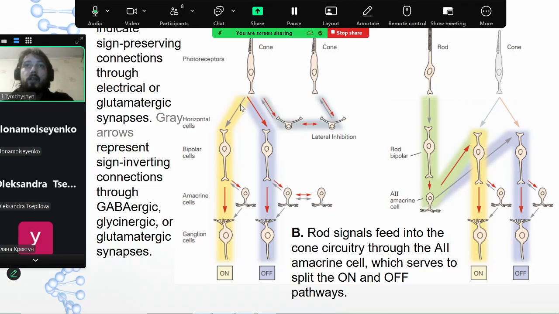These arrows invert the signal, so the higher the signal, the lower the response. It looks a little bit complicated, but I will show you some more simplified slides and try to explain what is happening here. Rod signals feed into the cone circuitry through the A2 amacrine cell, which serves to split on and off pathways.